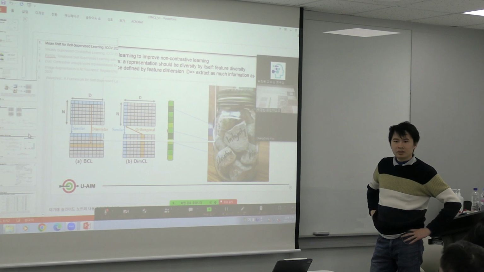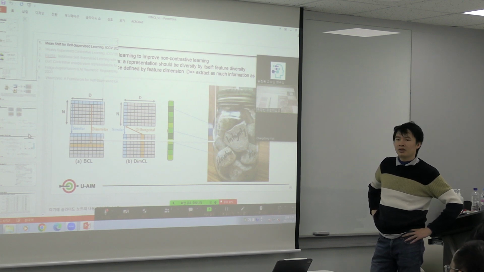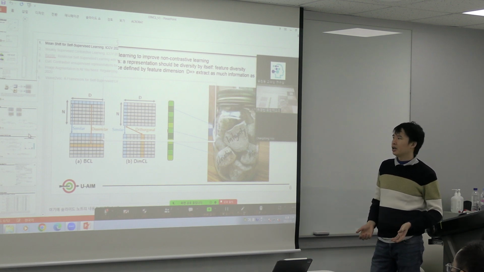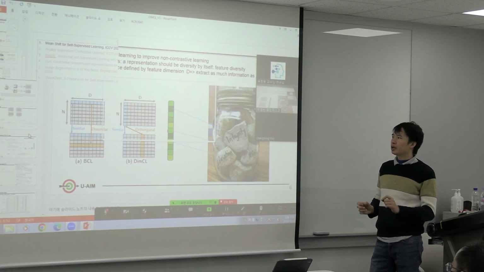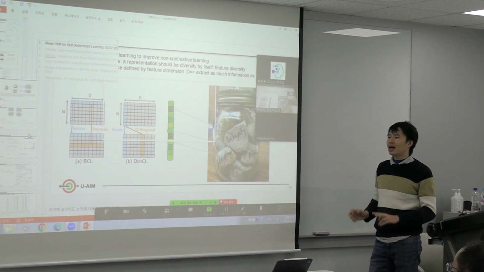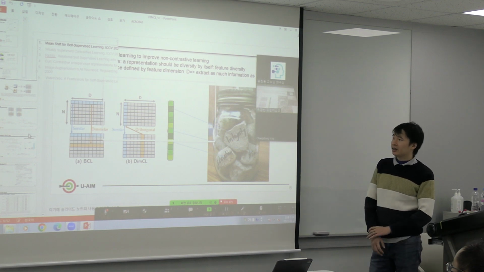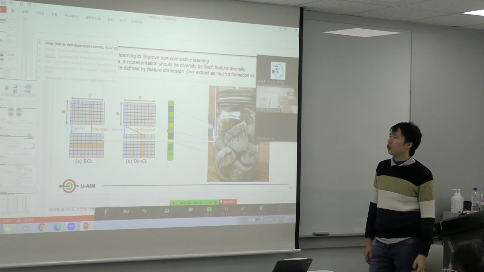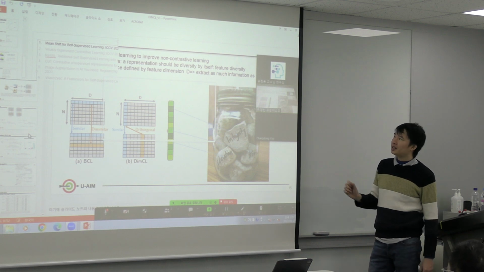Yeah. So every dimension should be linearly independent from the others. Orthogonal or linearly independent means that each dimension should contain a different kind of information. If two dimensions contain the same or related information, then we just use one dimension for that information, and the other is not good for our representation vector because we have a fixed dimension to be learned.